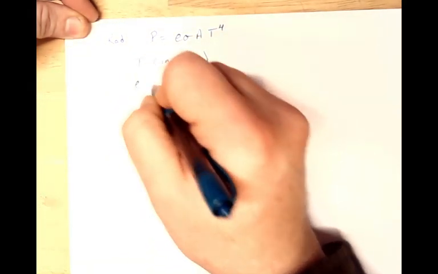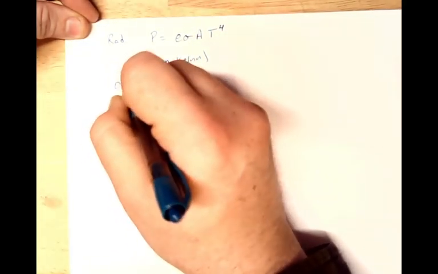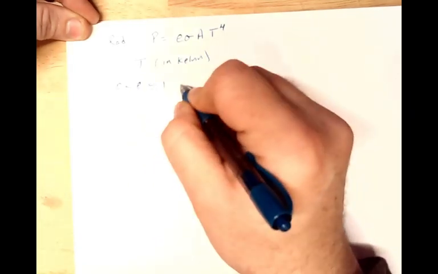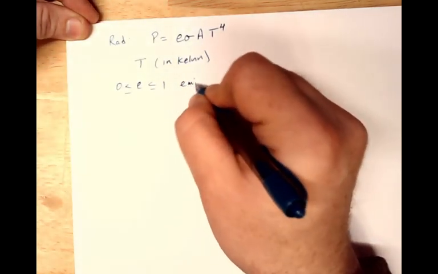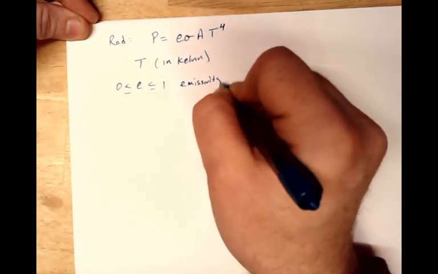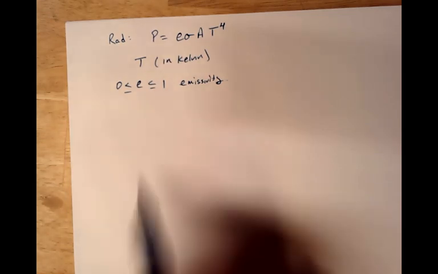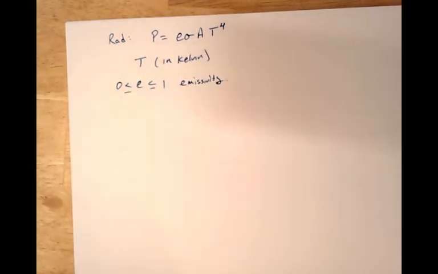And this E, which goes between 0 and 1, is the emissivity, which is how absorbing or how reflecting. 0 is a perfect mirror. 1 is a perfect black body. Humans are 0.6, 0.7, but for what we're doing, we can probably just neglect that.